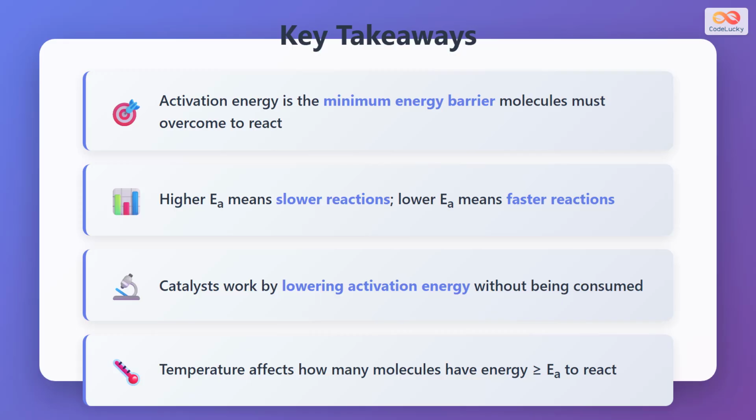Third, catalysts are valuable because they accelerate reactions by lowering the activation energy, providing an alternative pathway without being consumed in the process. Finally, temperature plays a vital role because it affects the number of molecules that possess energy equal to or greater than the activation energy needed to react. Understanding activation energy is crucial for controlling and optimizing chemical reactions in both laboratory and industrial settings.